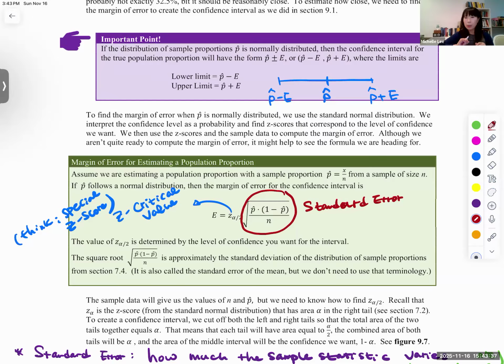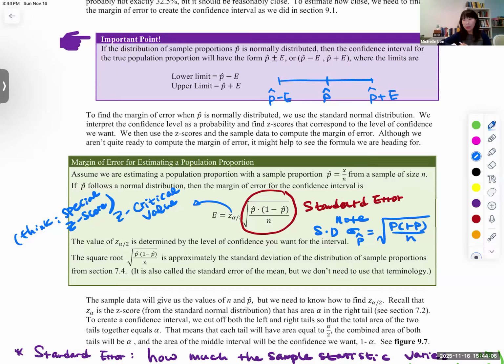The standard deviation of the sample proportion sampling distribution is sigma sub p hat, equal to the square root of p times 1 minus p over n.